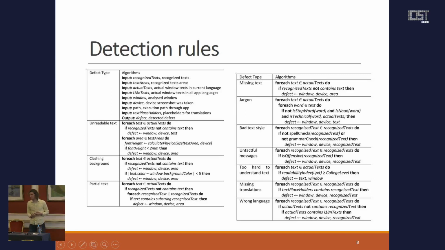Another one is text which is too hard to understand. Developers usually use their own vocabulary and write long sentences, or sometimes too short ones, and when you look at a message, it says "error, missing data." What does it mean? It makes no sense.